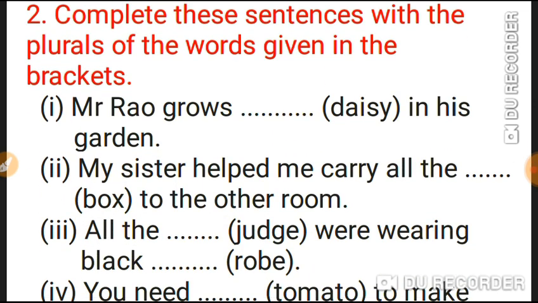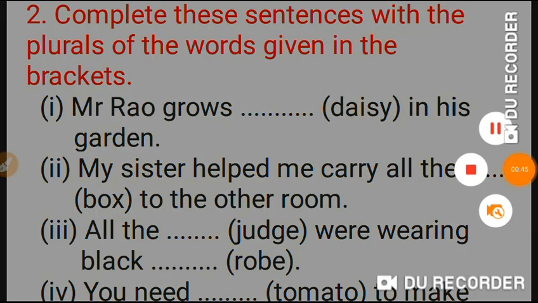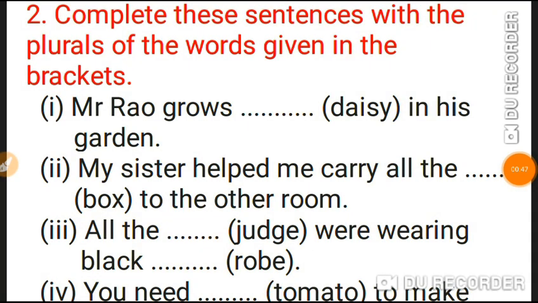In the next question, you have to complete the given sentences with the plurals of the words given in the brackets. Number 1 is Mr. Rao grows dash in his garden. So what is the word in the bracket? It is daisy.